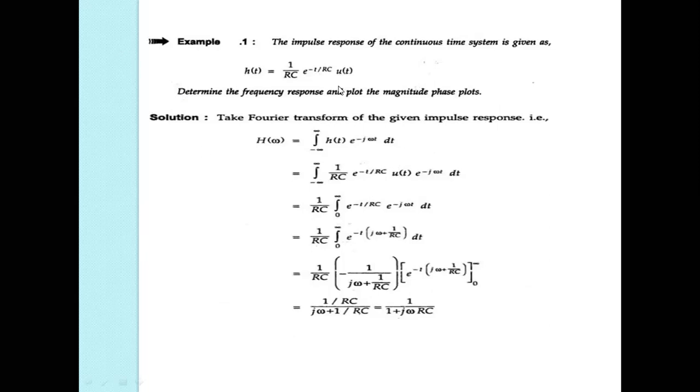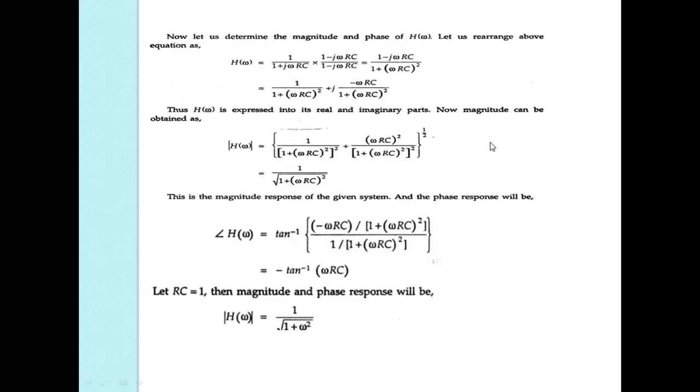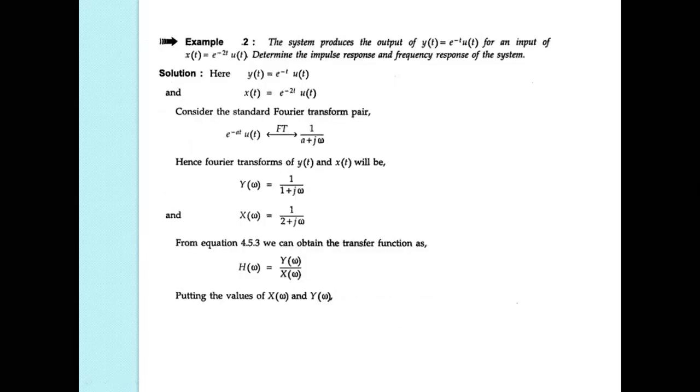Definite question it is: h of t is equal to 1 by RC e power minus t by RC mu of t, and you have to plot the magnitude and the phase plot also. Note this down. And another example: y of t is equal to e power minus t mu of t, and x of t is equal to e power minus 2t mu of t, and you have to find out h of t and the frequency response H of f.